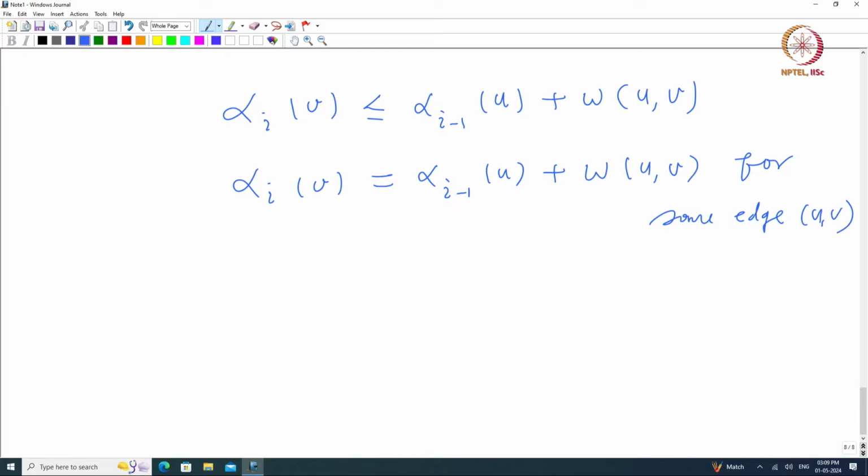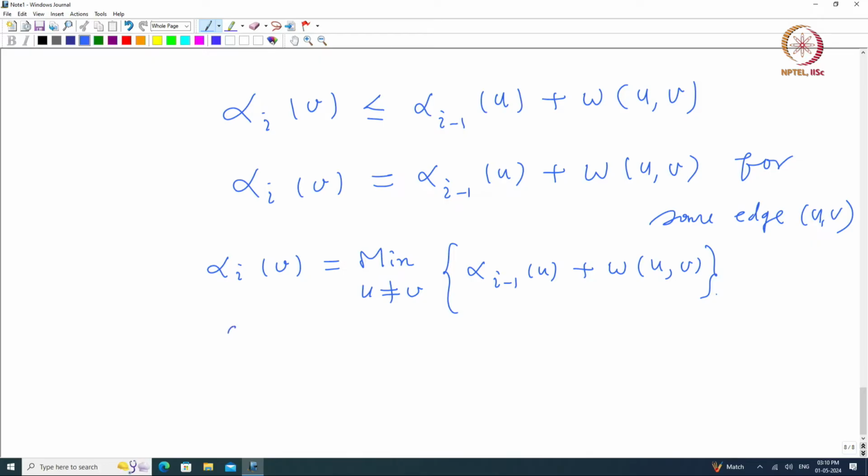For some edge UV this is also true. That means alpha I V is equal to the minimum over U not equal to V of alpha I minus 1 U plus weight of UV. Okay. So, this is the Bellman equation for bounded walks.